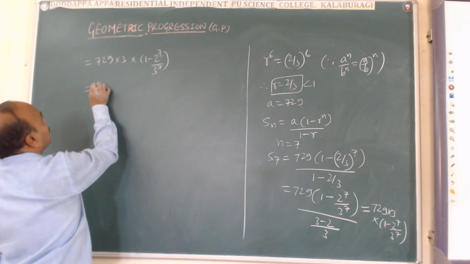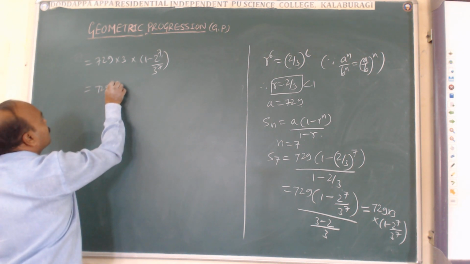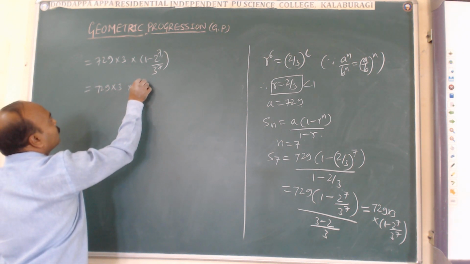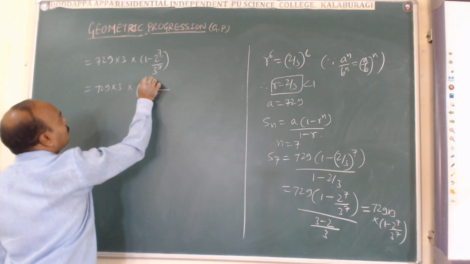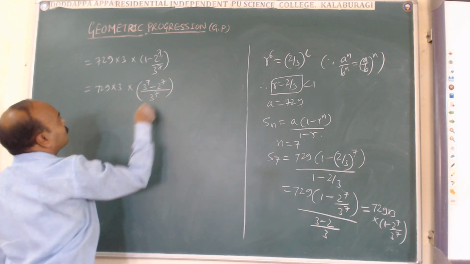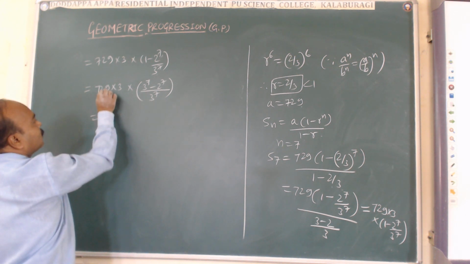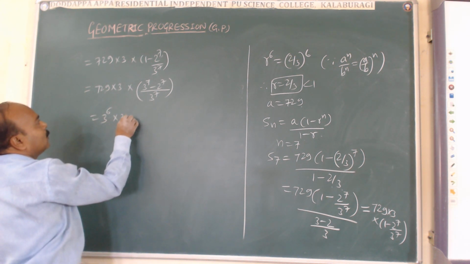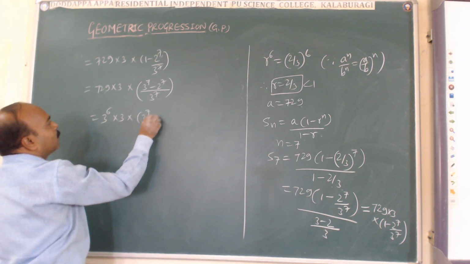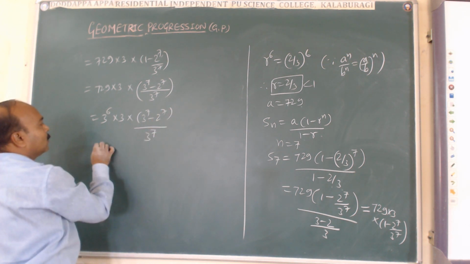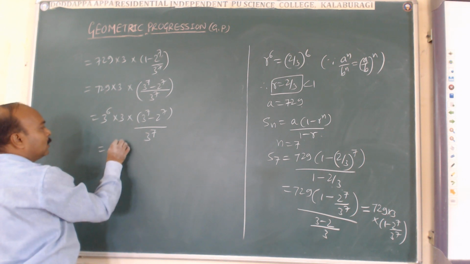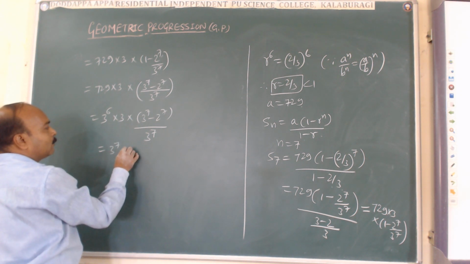Now it is 729 into 3 into, LCM is 3^7, it is (3^7 - 2^7). Now it is 3^6 into 3 into (3^7 - 2^7) divided by 3^7. 3^6 into 3 is again 3^7 by indices formula.